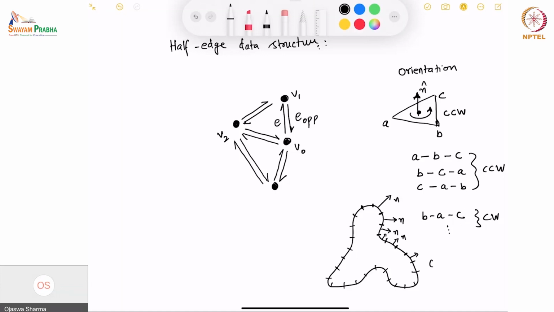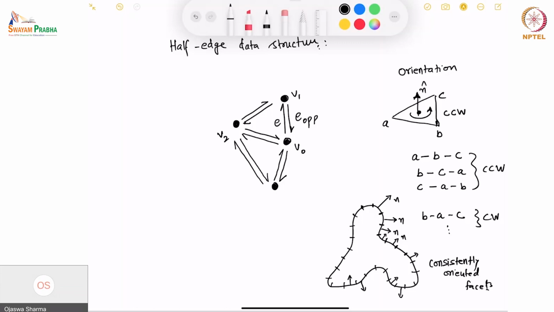These are consistently oriented facets if the normals of all the facets are consistent. If I have a normal inside and some of them are outside, that's inconsistent, because a lot of algorithms will depend on consistent orientation. I would want to make sure that my mesh triangles or mesh facets are consistently oriented.